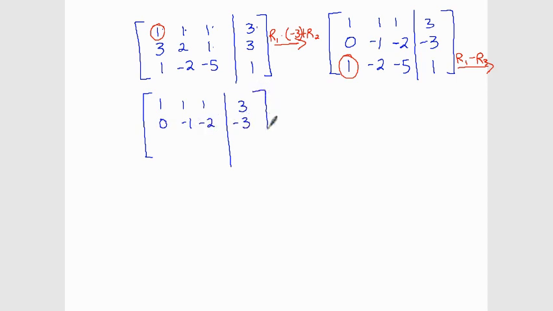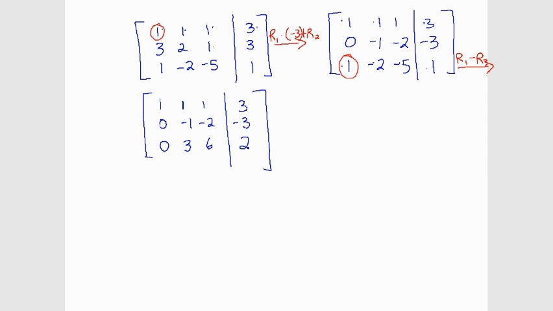Those will stay the same because we're not doing anything to those. 1 minus 1 is 0. Great. 1 minus a -2. That'd be the same as 1 plus 2. So that is a 3. And then 1 minus a -5. That's 1 plus 5. That gives us a 6. And then 3 minus 1 is 2. Now, I hope we're seeing why this might not have a solution set.